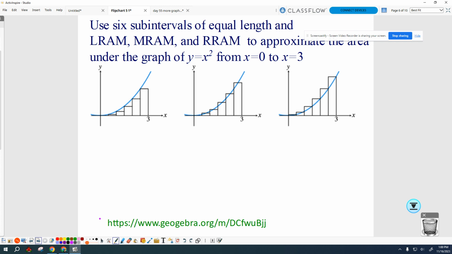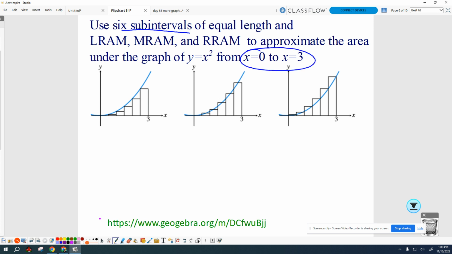So let's try a problem. I'm going to assign you guys a group, so don't start yet. But I want us to look at this equation. The way the questions are worded for these, 6 subintervals of equal length from 0 to 3. How big is each slice? 1/2. Thank you, Ryan. 1/2. 3 minus 0 over 6.